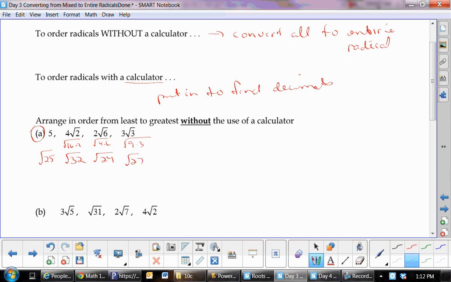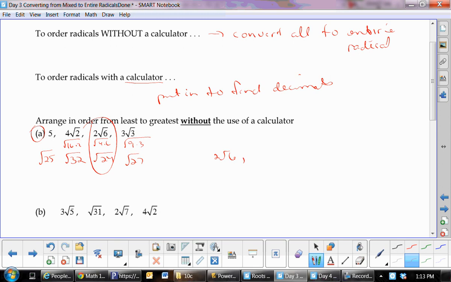Now, it is just like you knew how to do in grade 2. You can actually ignore the square root signs. What is the smallest number? 2 root 6 is the smallest number, isn't it? See? These are all the same thing.